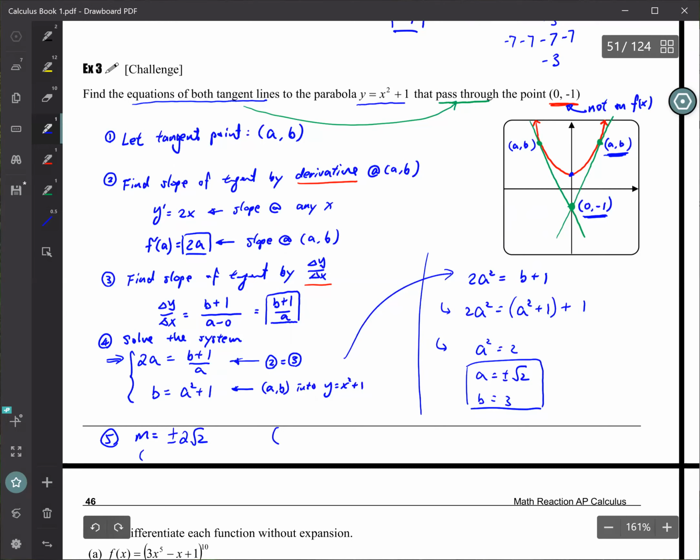Is point slope form the one where it's like y equals mx plus b? No, the one with y minus something. Oh, okay, I got it. Okay, so can you tell me?